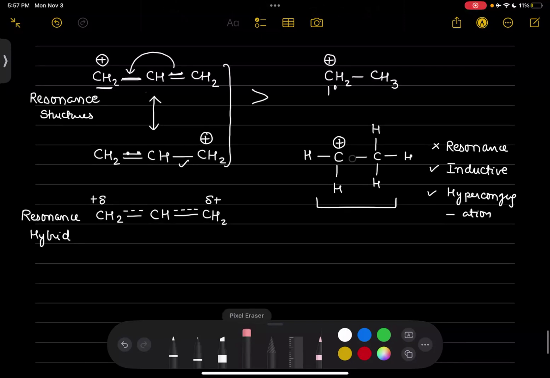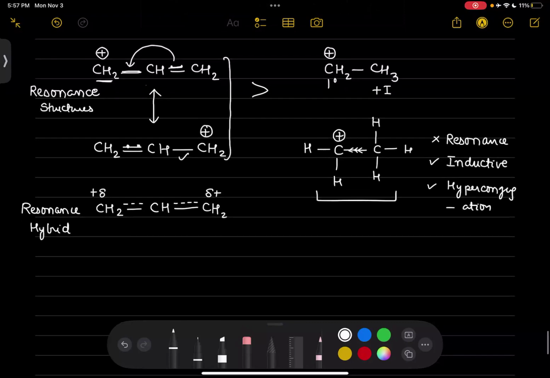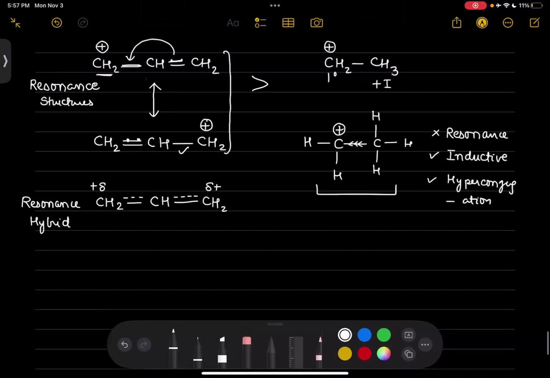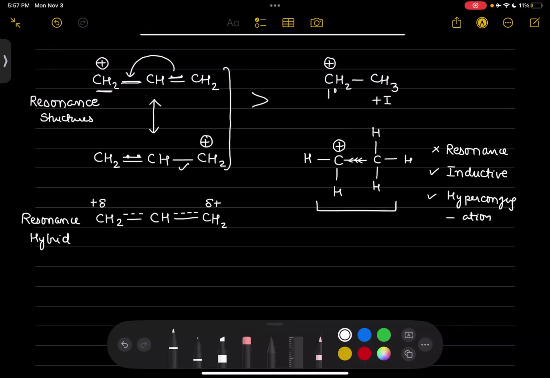So this is a methyl group, and it will exert a plus I effect. I will show it on the sigma bond.